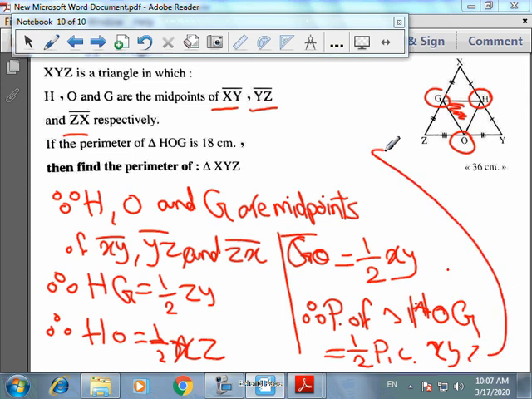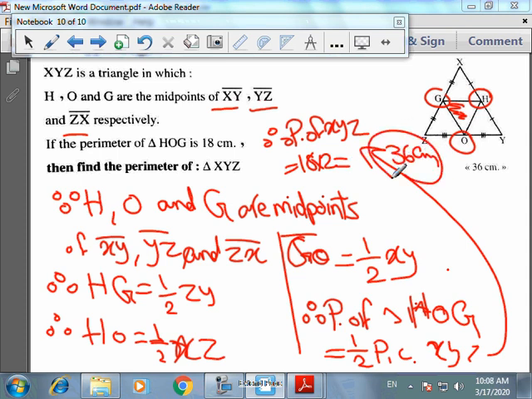Let's continue here. So therefore the perimeter of the bigger triangle XYZ equals 18 times 2 equals 36 centimeters. So now I guess we have covered all the points in the second part of the triangle.